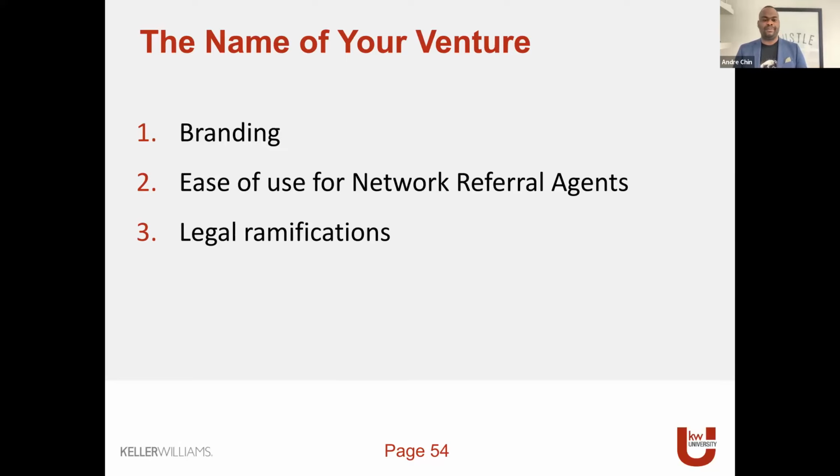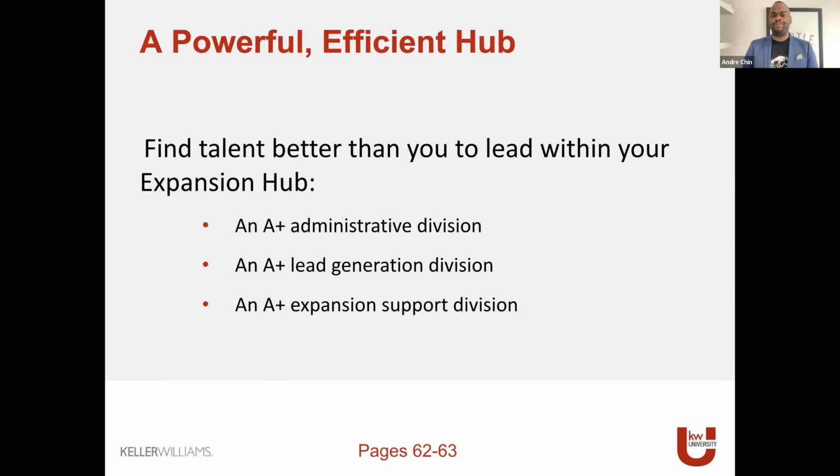So that's just a simple example. As you go through the naming process, make sure that you understand the branding, make sure that you understand how your partners are going to be able to use that branding, and any legal ramifications that you may have by naming your venture.